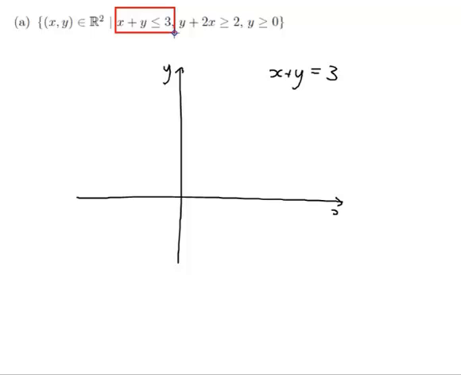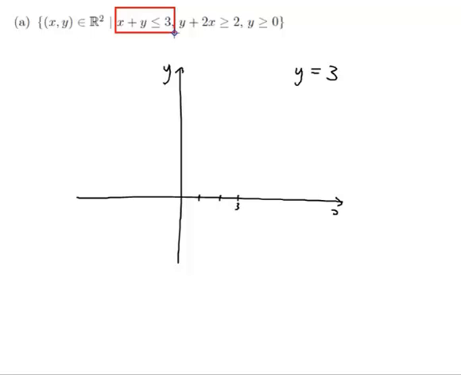So let's see. If y is equal to 0, that would mean x is equal to 3, so the x-intercept is 3. Just there. Let me put the y back. And if x is equal to 0, that would mean y was equal to 3.